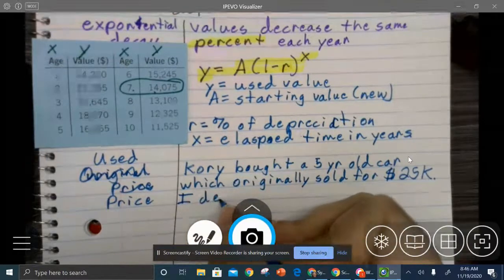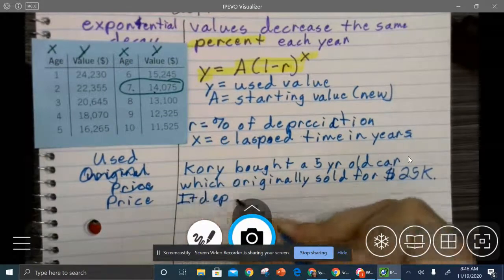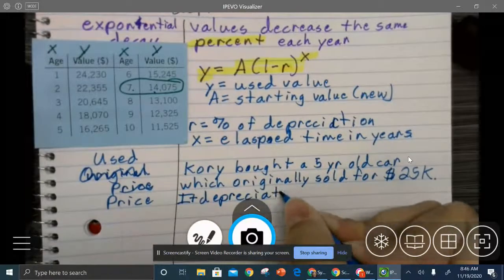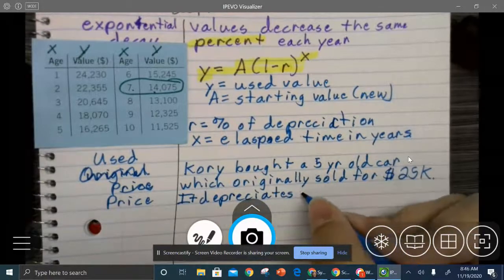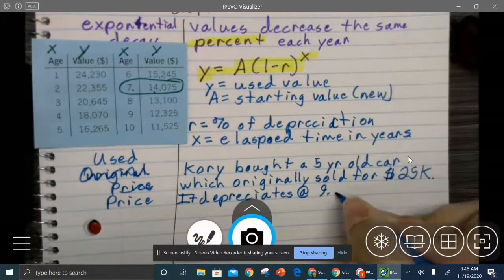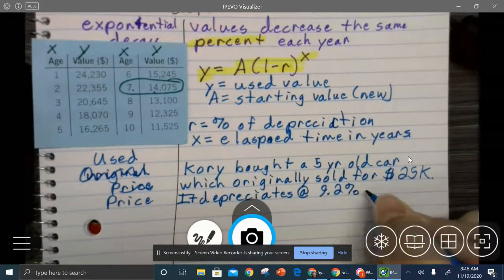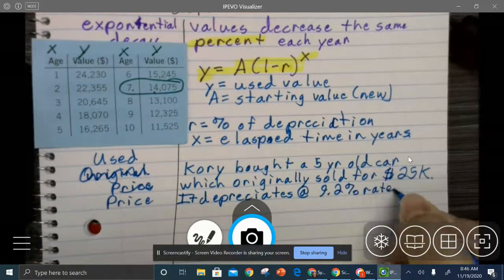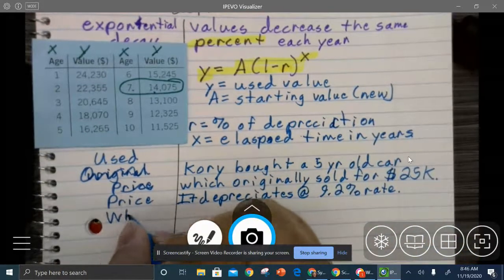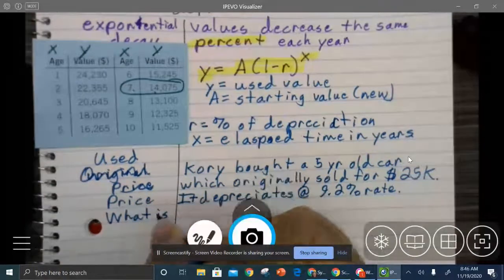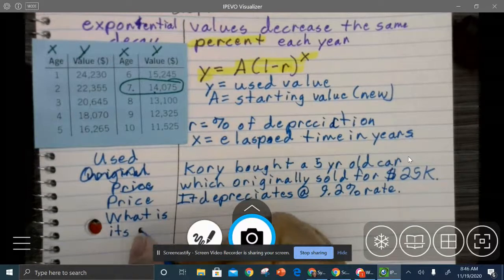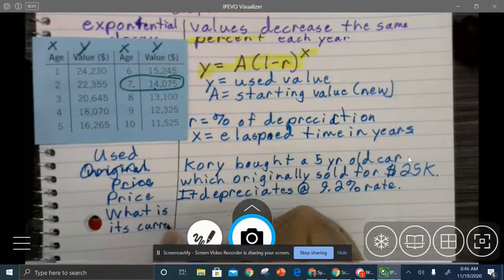It depreciates at a 9.2% rate. And we want to know what is its current value.